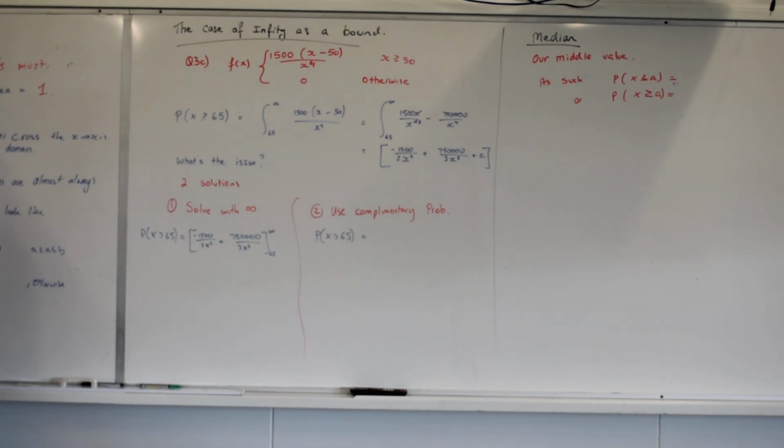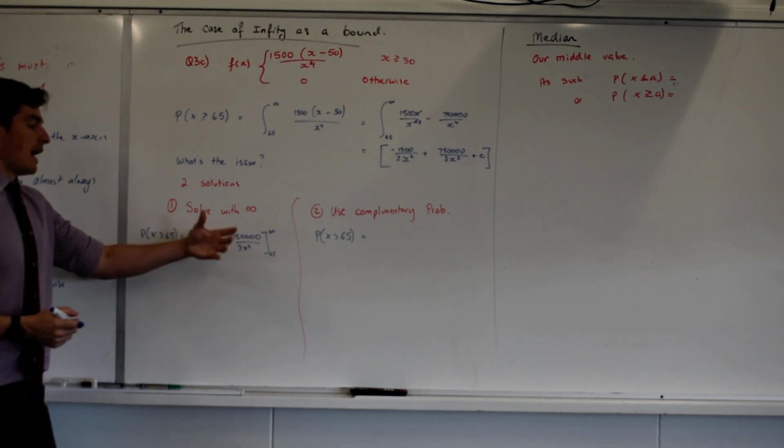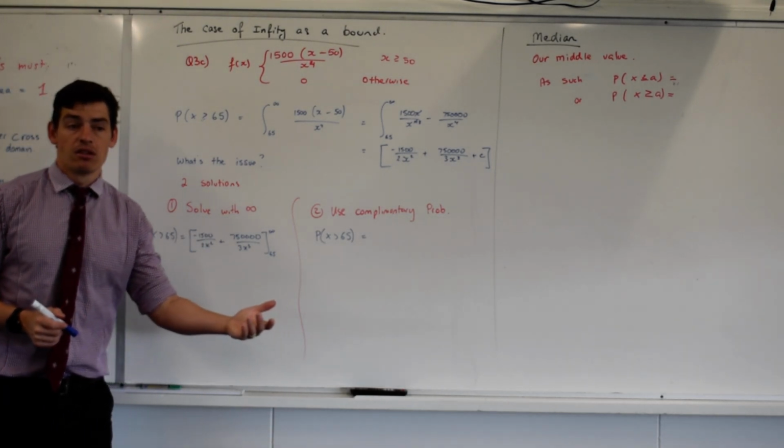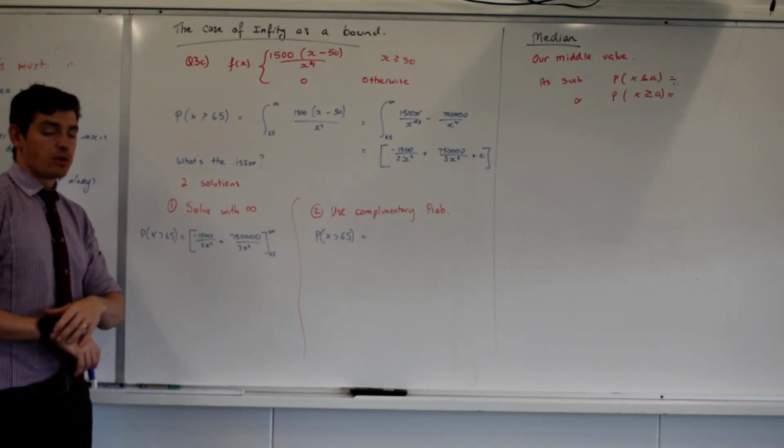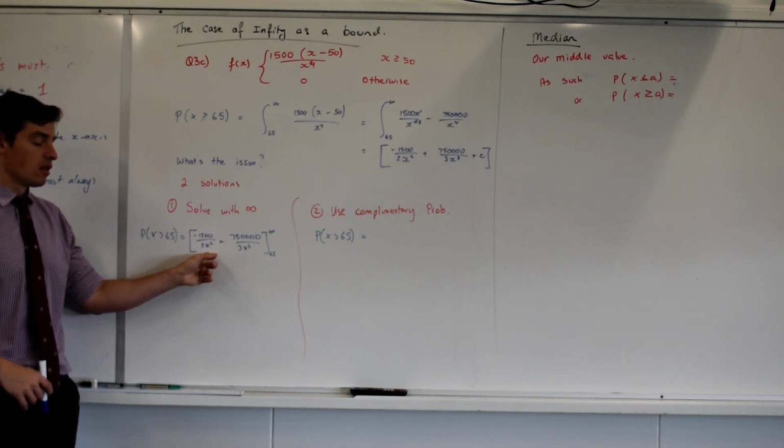I'll obviously sub my upper bound and then sub my lower bound in, correct? What's going to happen when x is equal to infinity? What's this term going to be?